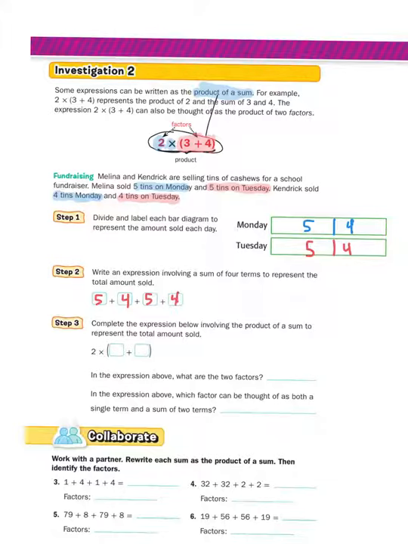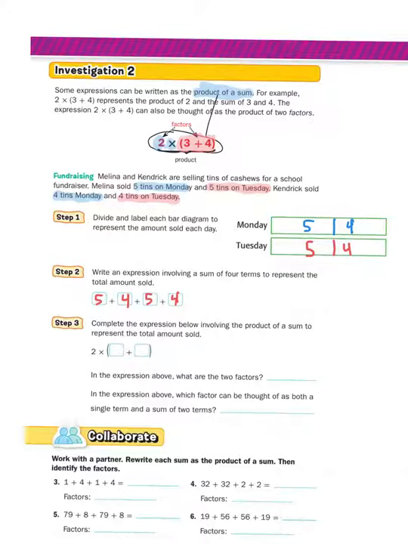Okay, now in step 3 is where we're going to change that to the product of a sum. Okay, so it says complete the expression below involving the product of a sum to represent the total amount sold. So here's what I want you to notice. Notice it's 2 times something, right? The 2 times means there are 2 groups of something. So let's look up at step 1 and step 2.